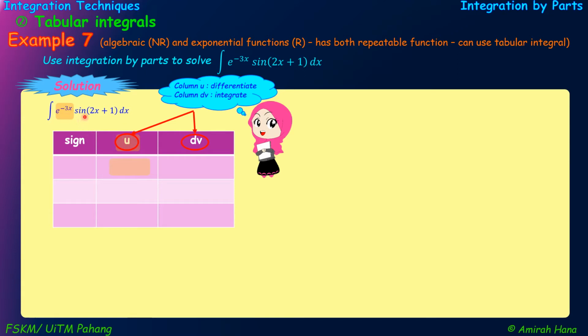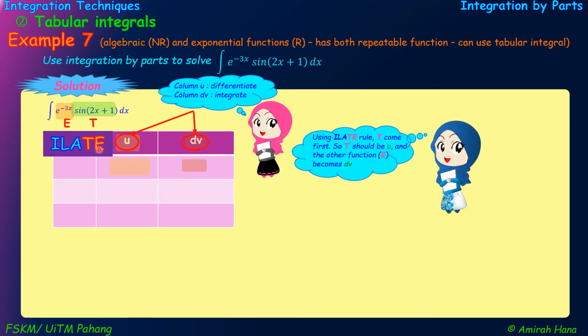When we start to use integration by parts, we need to identify which function is u and which function is dv. In this case, e to the power of negative 3x is E, and sine of (2x plus 1) is T. From the ETA rule, T comes first, so T should be u.